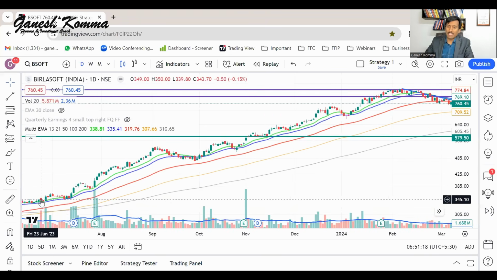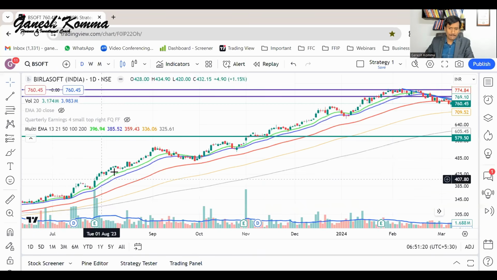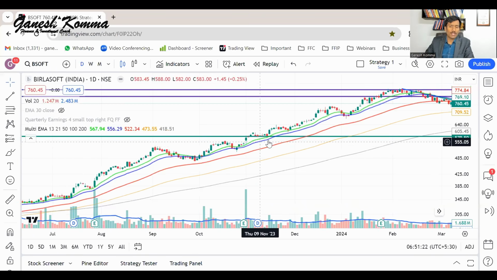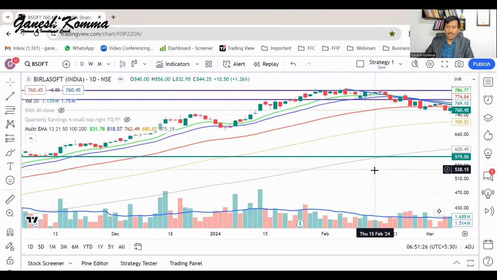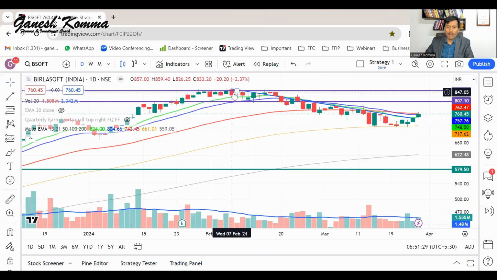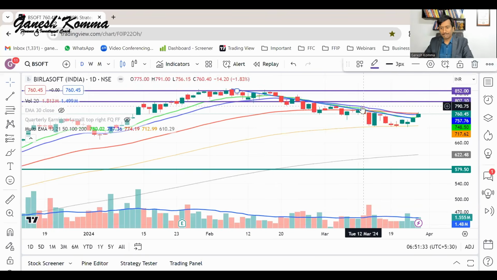Almost from the last 1 year, like June, July, every time it has been above your EMA 21 or even EMA 13. But during this period, you have been observing that it is slowly losing its strength.